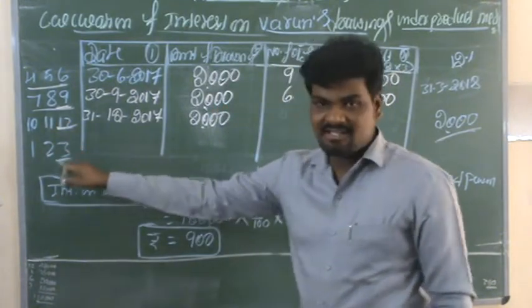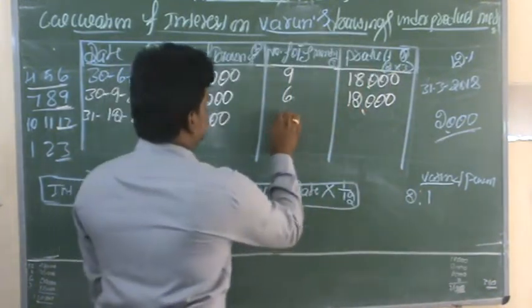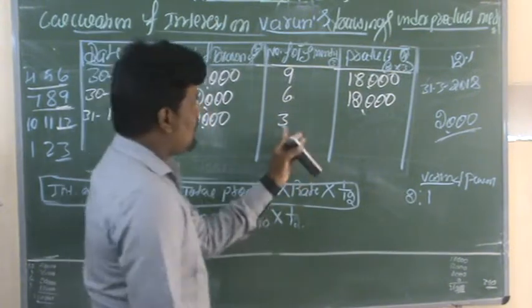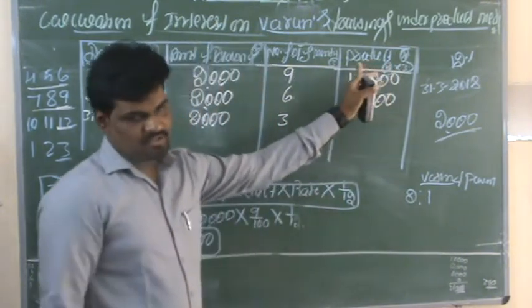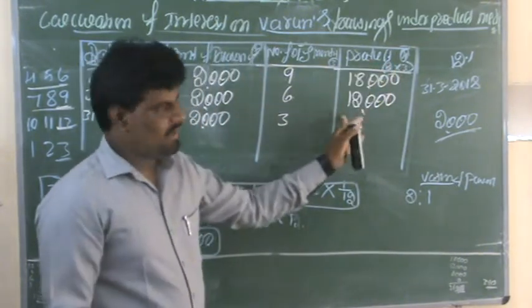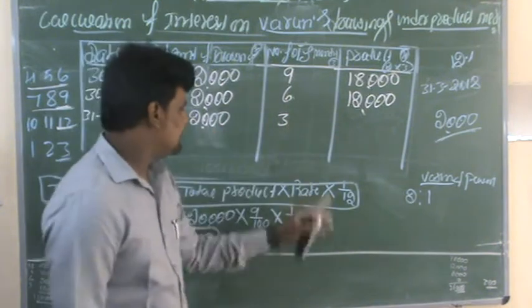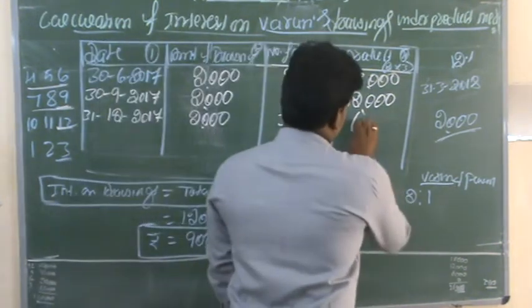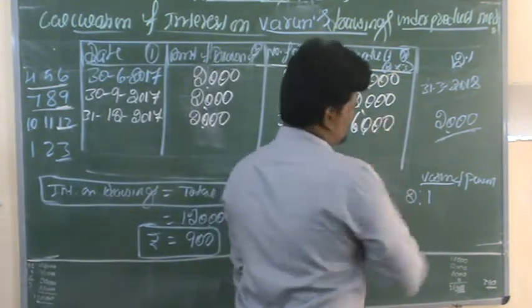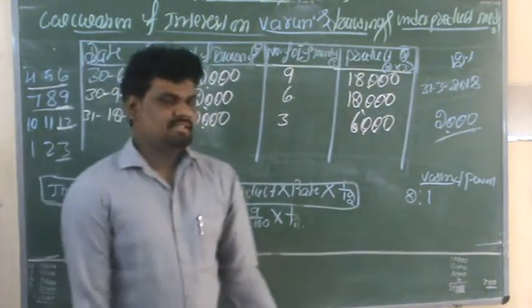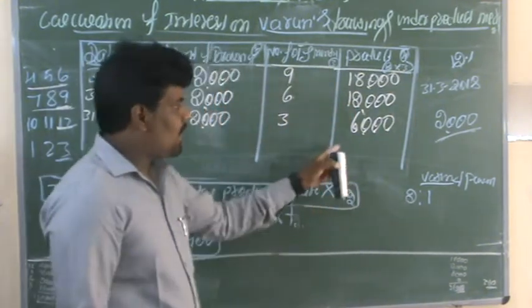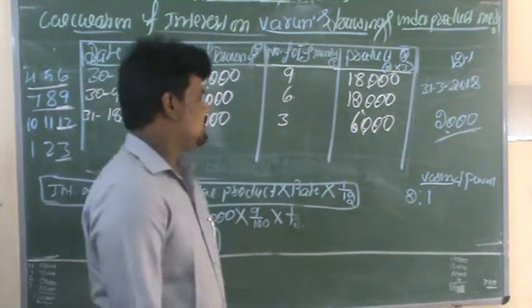There are 3 months, right? This is the outstanding period. Again, we have to ascertain the product by using the second and third column. 2000 into 3, we will get 6000. This is the third quarterly withdrawal.